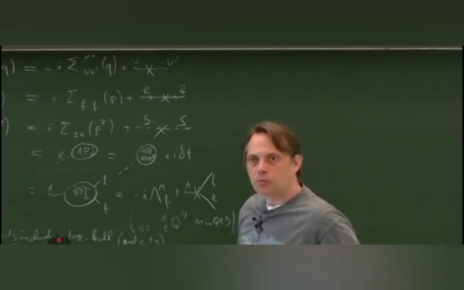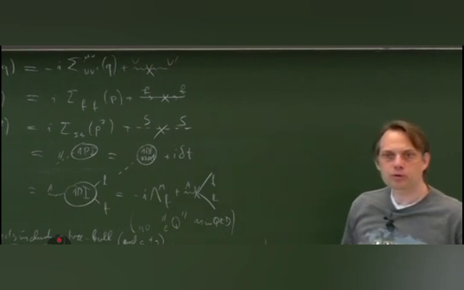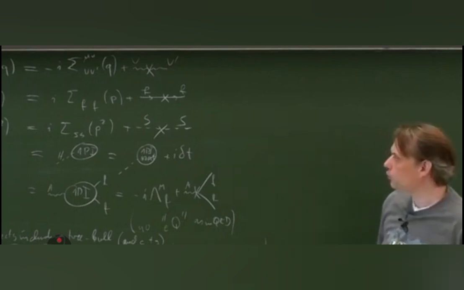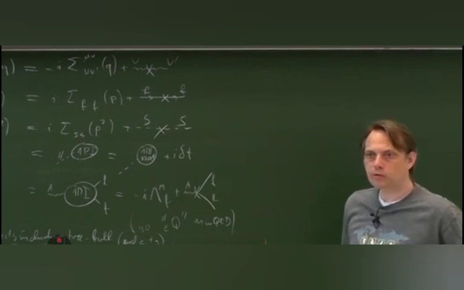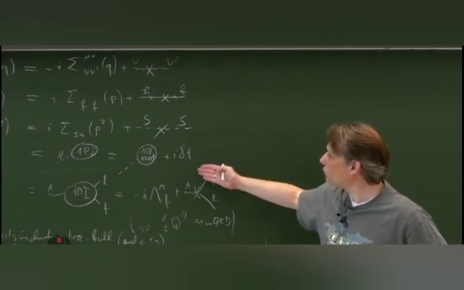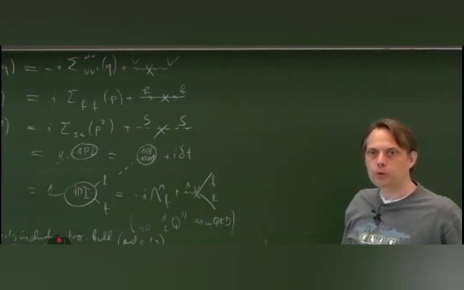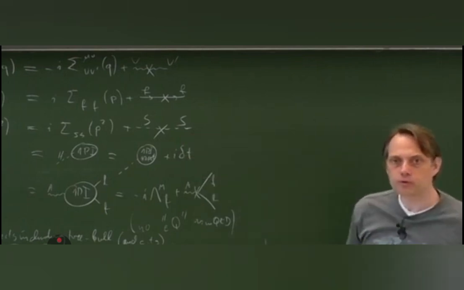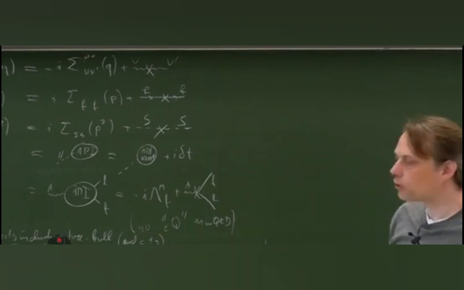But the next step in our general procedure, also following the QED example, is to set up a renormalization scheme. We will really define systematically what we want from the finite parts of our renormalization constants. And there, as we discussed, we will choose the on-shell scheme, which is a very, very advantageous scheme for the electroweak standard model, like for QED.